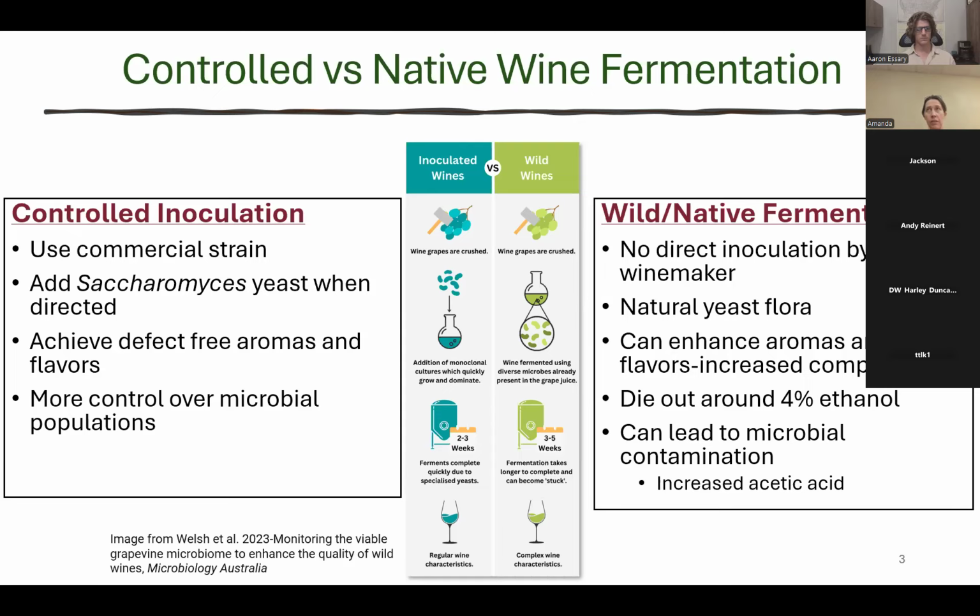So there's kind of this dichotomy between your controlled inoculation with Saccharomyces and then your native or wild fermentations, which can be a little risky if you don't know what's coming in on your grapes. I used to work in the commercial industry in California for several years, and I worked with winemakers, lots of whom used controlled inoculation with Saccharomyces cerevisiae, but others who would bring in their grapes and just let the fermentation start on its own.